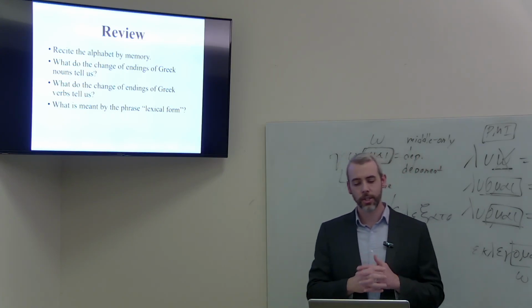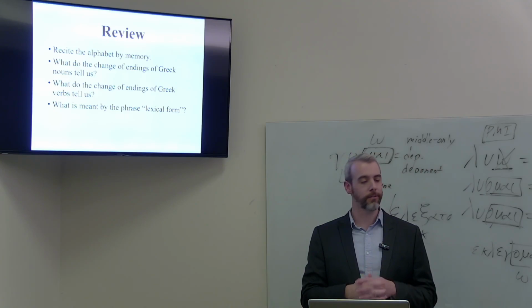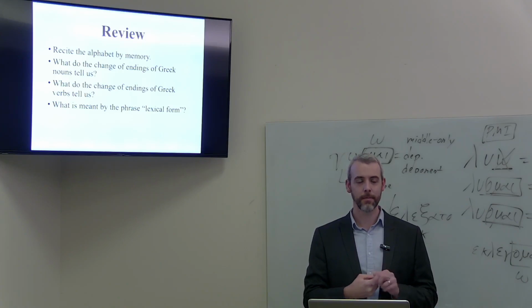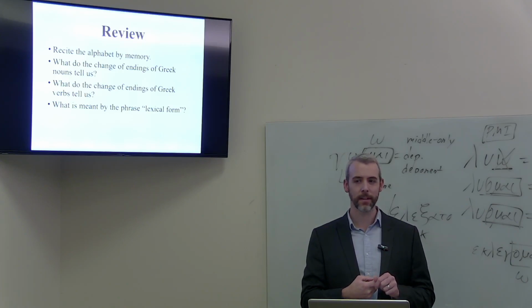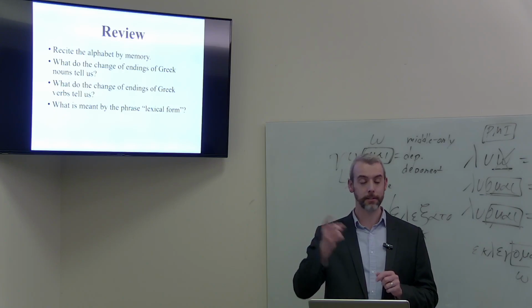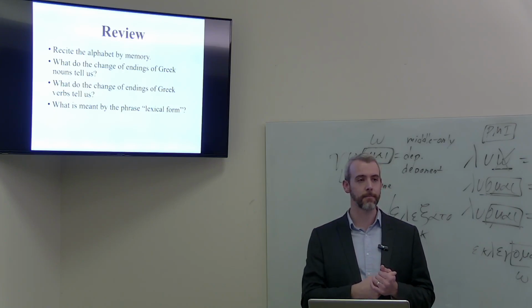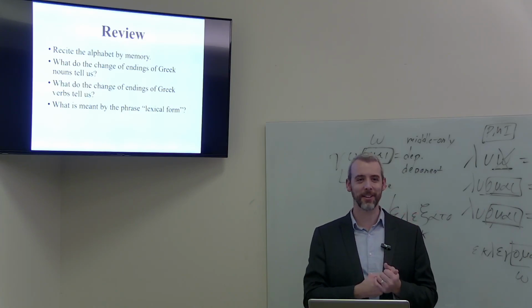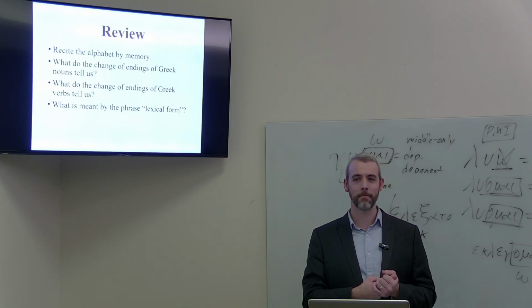What do the change of endings of Greek verbs tell us? Tense? Tense will be part of, or aspect will be part of tense. Voice, very good. And we had one more word, starts with an M. Mood.